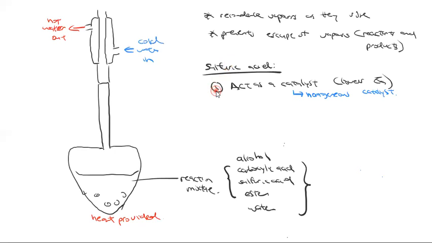But is there any other reason that we would add sulfuric acid? Acidic conditions, something? It's also to act as a dehydrating agent. Concentrated sulfuric acid, and only concentrated sulfuric acid, does this, compared to dilute. It acts as a dehydrating agent.